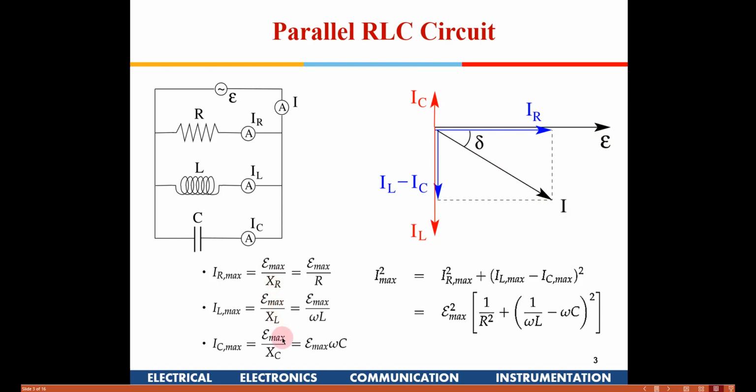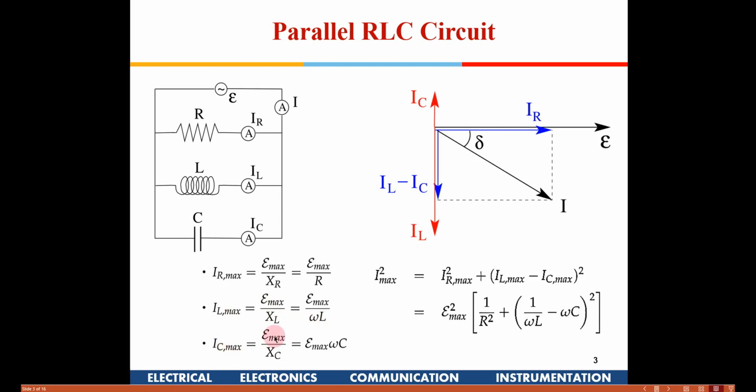So these are the equations. IR max is equal to E max divided by XR, and XR is nothing but R. IL max is E max by XL. We know the impedance of an inductor is L omega.